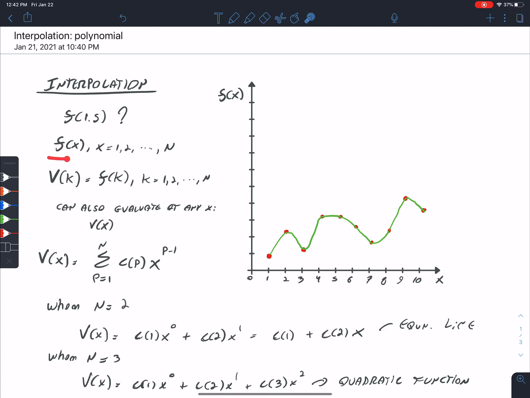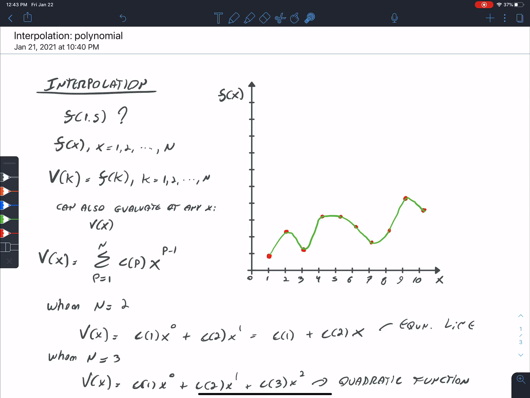So this data is given. We're going to seek a model, in this case a polynomial equation with certain coefficients, and we're going to seek a model that passes exactly through the given data. So at the given grid or nodes, the model should be equal exactly to the data.